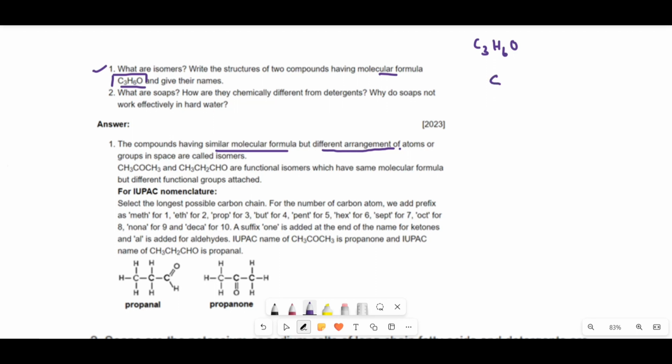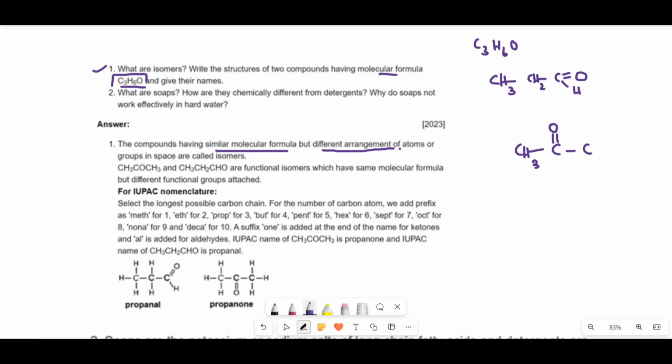So you can write 1, 2, 3 carbon straight and the oxygen will be at the end. And second possibility, you should write 3 carbon in this way and the oxygen you can give in the middle. So this oxygen, you should understand that this is a double bonded oxygen. Okay. Now you have to add hydrogen. CH3, CH2 and this will have one hydrogen. And for this structure CH3, CO. Middle carbon you don't want any hydrogen because it's a double bonded oxygen and there are 2 single bonds also.